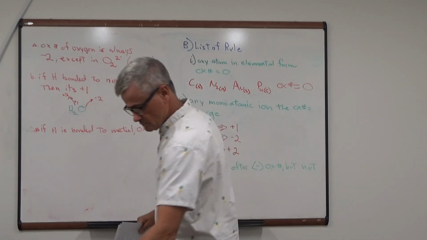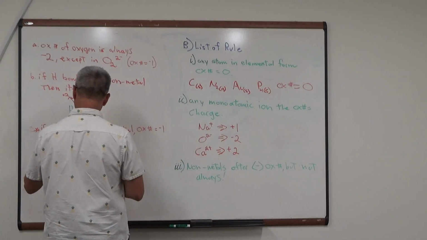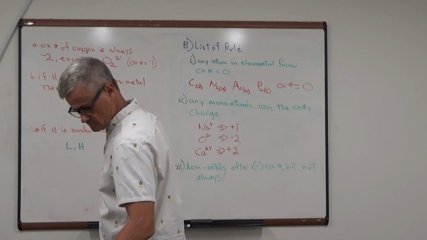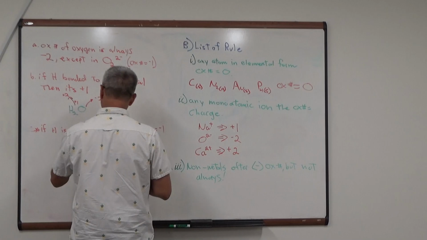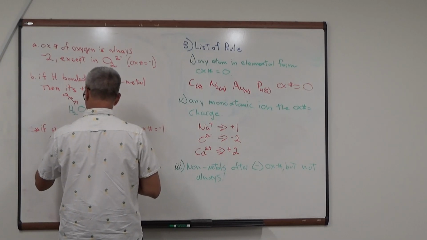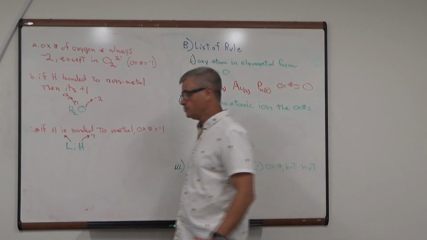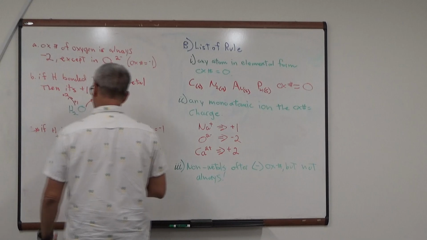So say lithium hydride, this is -1. Lithium is in ionic form, it's always a +1 cation, and its oxidation state number is +1.